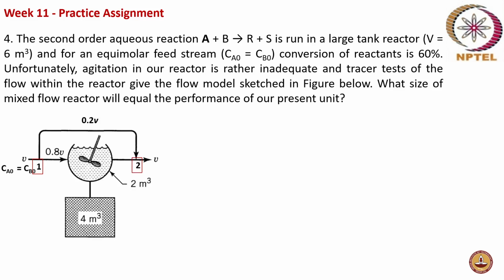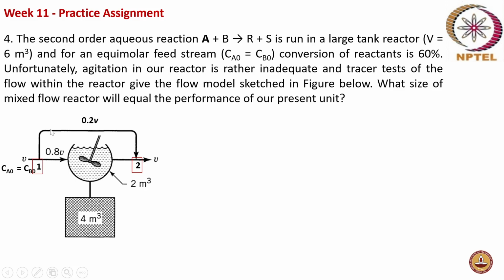So they have given a tank reactor. Okay, this is a stirred tank reactor where an equimolar feed stream of A and B enters the reactor with the second order reaction, A plus B gives R plus S. The total volume of the reactor is 6 meter cube. But it is not an ideal reactor, and there is non-ideality occurring in the reactor. From the figure, we can identify that it happens in two ways.